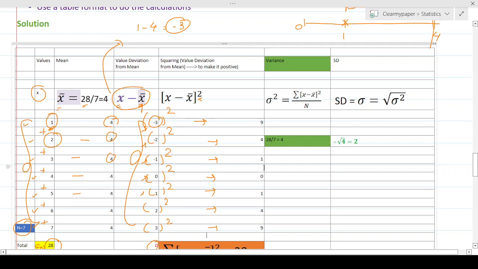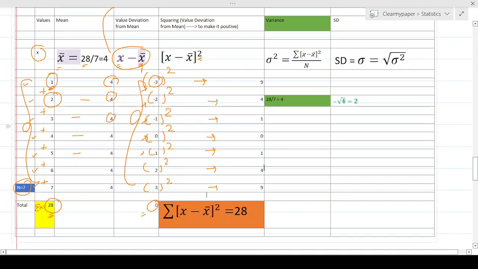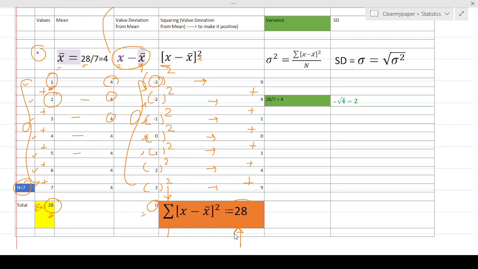And now we are going to find the variance. For finding the variance, we need to add all these values. We have x minus x bar the whole square, and I'm using this sigma sign as a summation to add those values. So I'm going to add each one of these values to get 28.